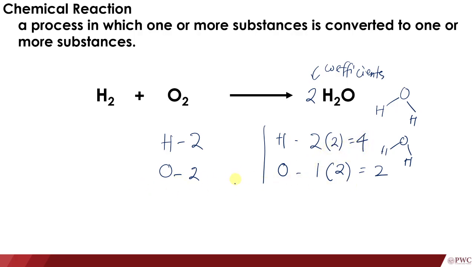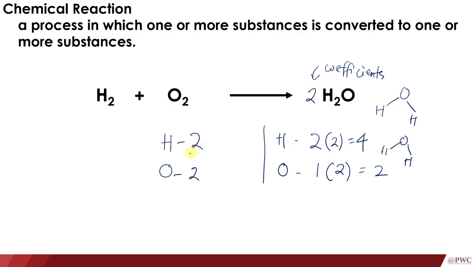Let's check the balancing now. Oxygen 2, 2, so it's good for now. But for hydrogen, we have 4 on the right side and only 2 on the left side. To balance this one, we need to have 4 also on this side.